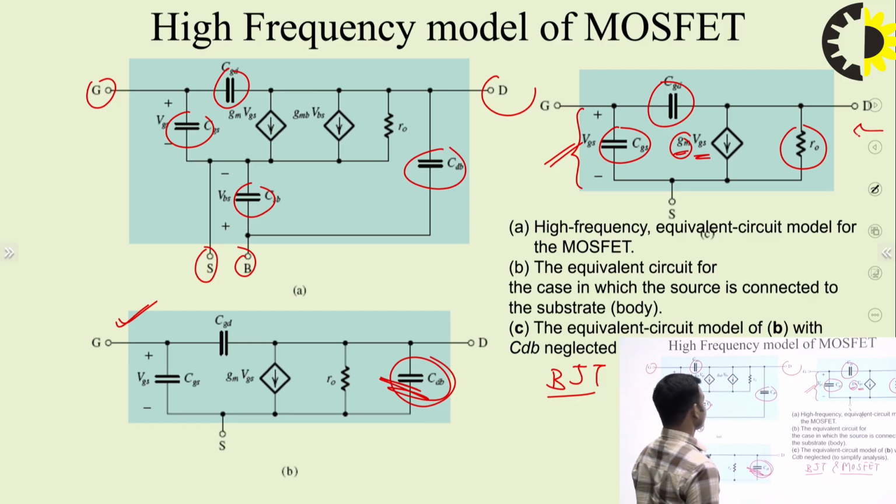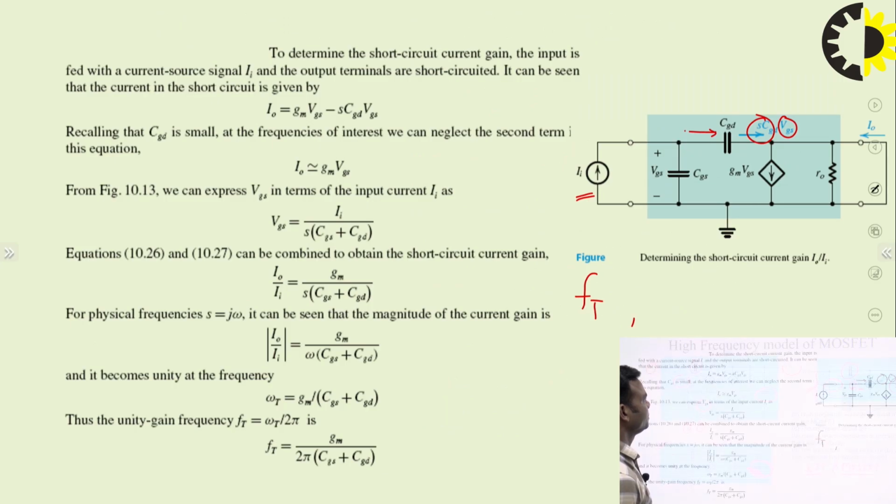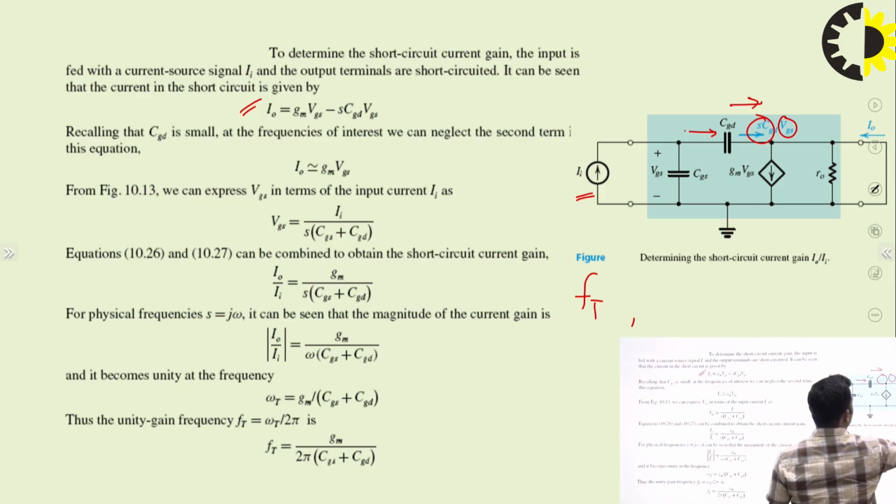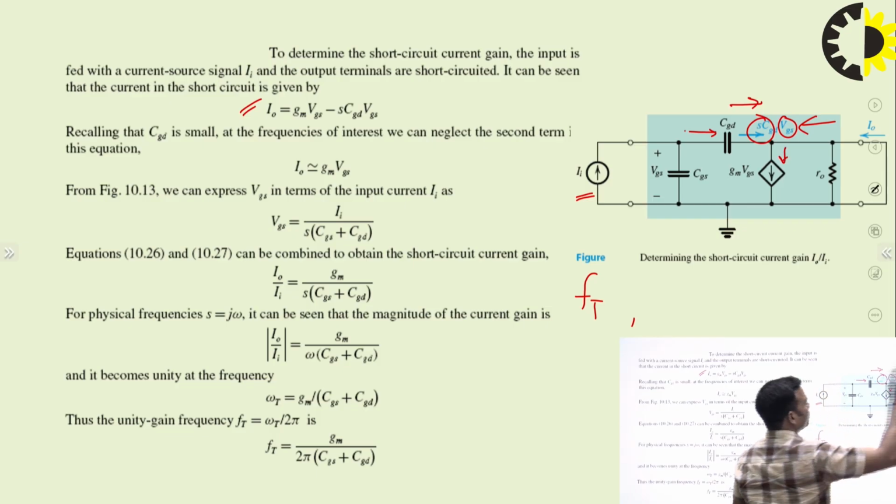Now what is I0? Actually there are two currents, one current is this, another current is this. These two currents are approaching this node and this current is going from this node.